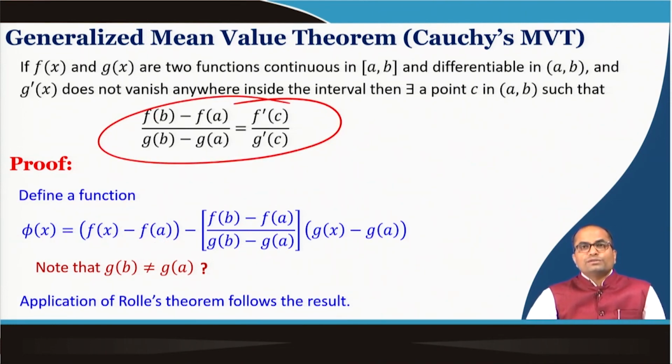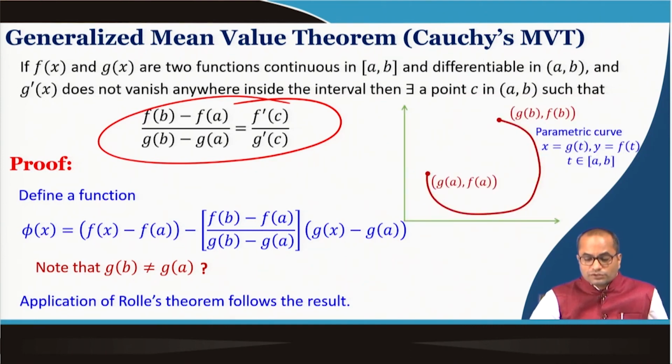So, these are the two theorems, in addition to Rolle's theorem, which belong to this group of mean value theorems. Coming to the geometric interpretation, we consider the parametric representation of the two functions g(x) and f(x): x equal to g(t), y equal to f(t), and t in the interval a to b. If we draw this curve in the xy plane, we start at the point (g(a), f(a)), go along the curve and reach (g(b), f(b)) at the end.